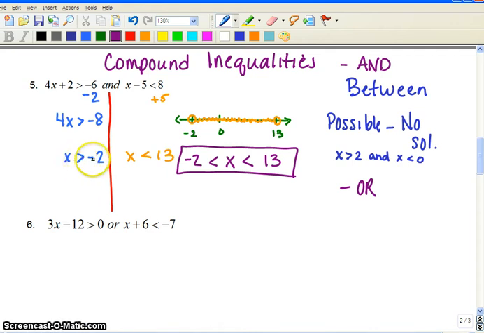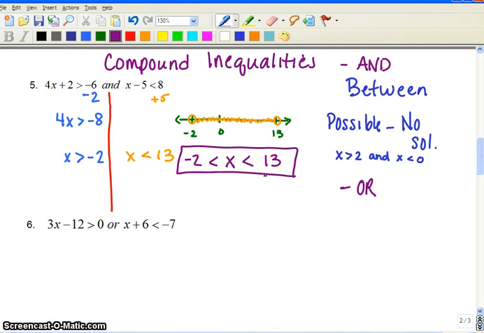The little arrow is pointing at the negative 2. Well, in our problem, our arrow is also pointing at the negative 2. The arrow's pointing away from the 13. And over here in our answer, it's also pointing away from the 13. This is how they like their "and" answers written, as a between two numbers. Okay, so when you're doing ands, you should be thinking between all the time.